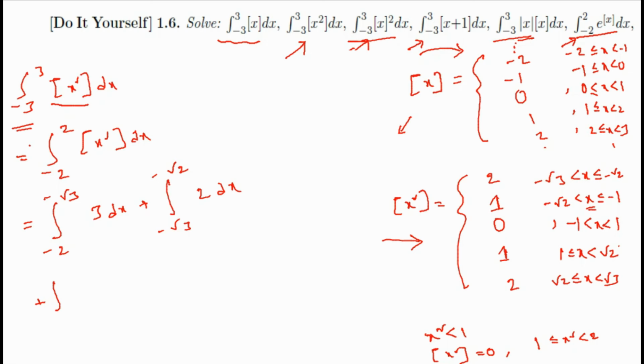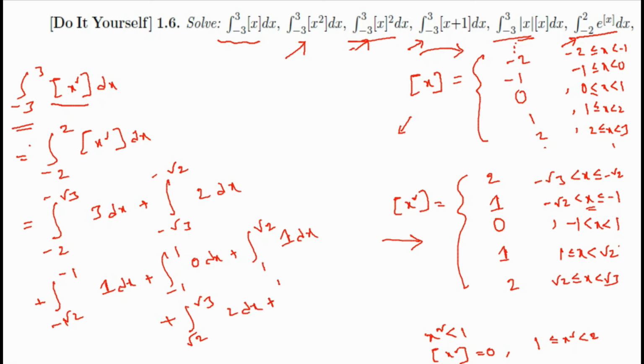So minus root 2 to minus 1, this will be 1 dx. Then minus 1 to 1, this is 0, plus 1 to root 2, this is 1 dx, plus root 2 to root 3, this is 2 dx, and root 3 to 2, this is 3 dx.